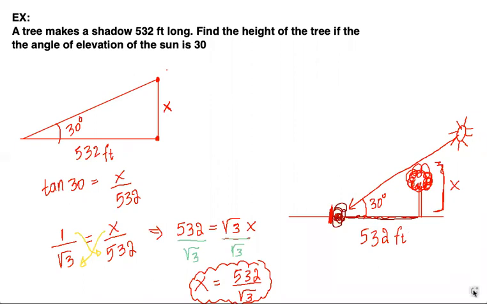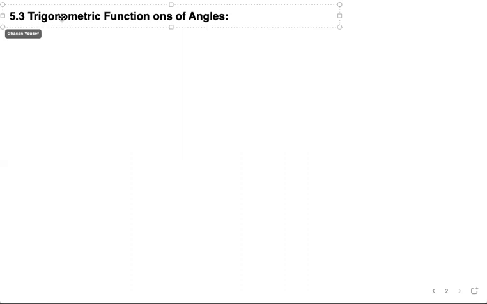Now let's go to 5.3. So 5.3 is talking about the trigonometric functions of angles. Now, what is the difference between this one and the previous section?